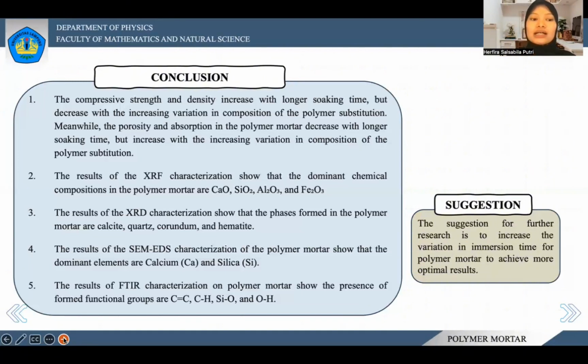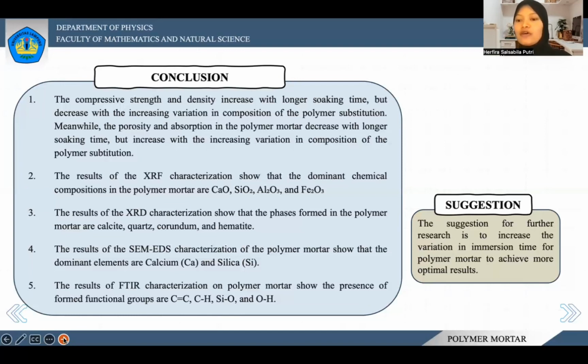For the fourth, the result of the SEM and EDS characterization of the polymer mortar showed that the dominant elements are calcium and silica. And for the last, the result of FTIR characterization on polymer mortar shows the presence of functional groups C=O, C-H, Si-O, and O-H.